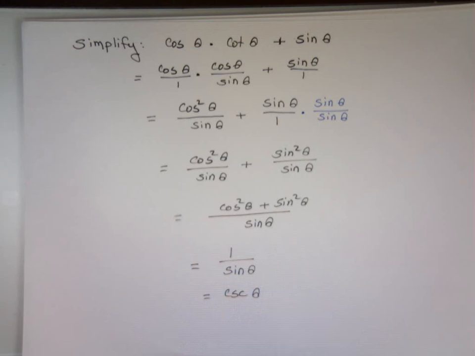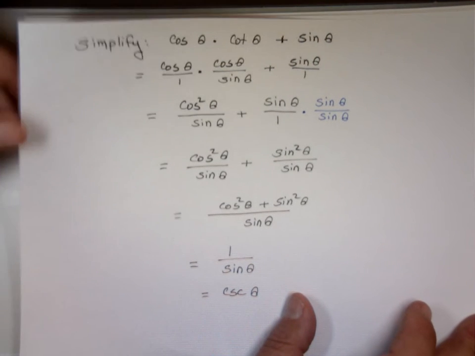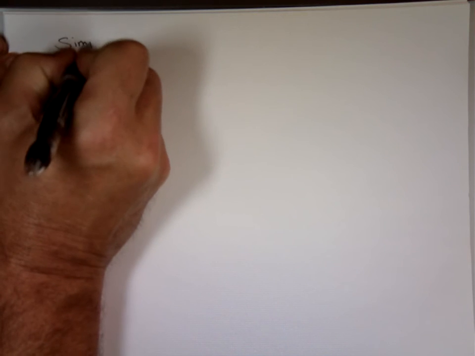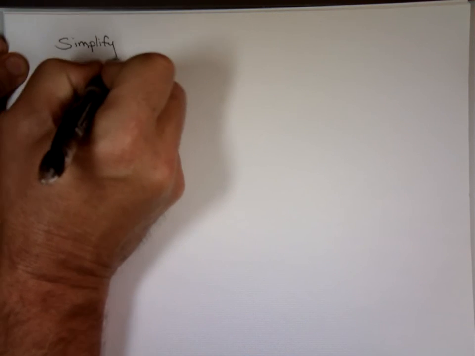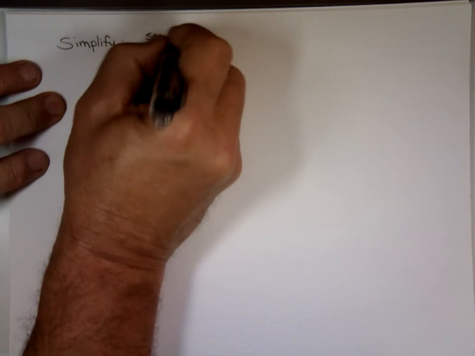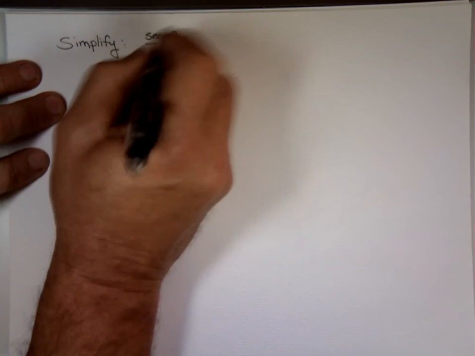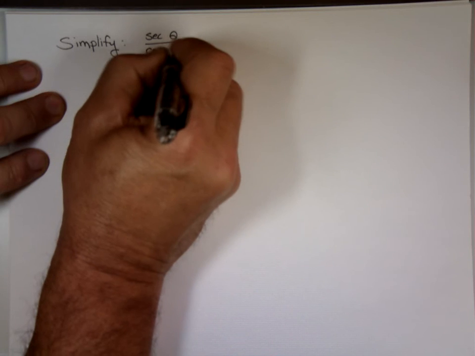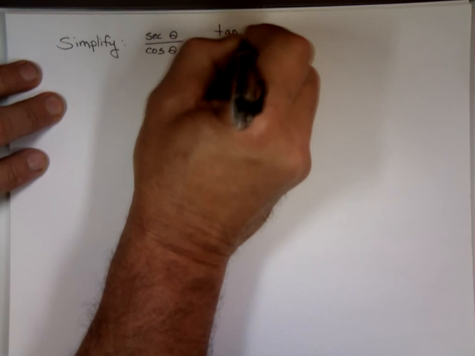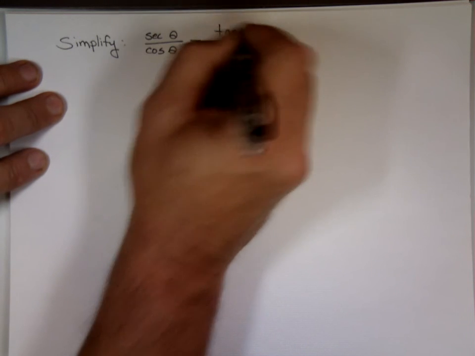One more. Simplify. Secant theta over cosine theta minus tangent theta over cotangent theta.